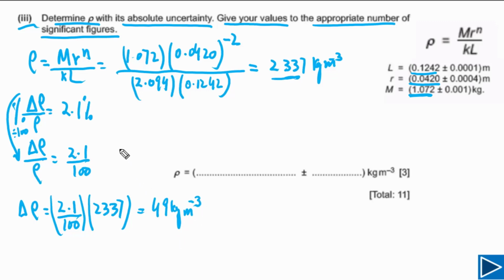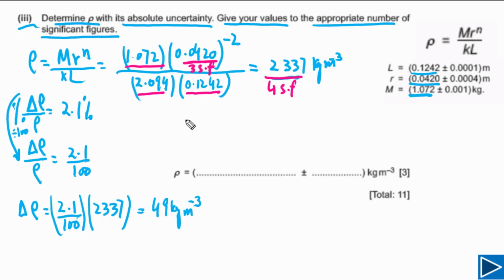Next, we need to write down this density with its absolute uncertainty. If you look at these quantities, this one has 3 SF, this one has 4 SF, this has 4 SF, and this one also has 4 SF. So this quantity has the least number of significant figures.